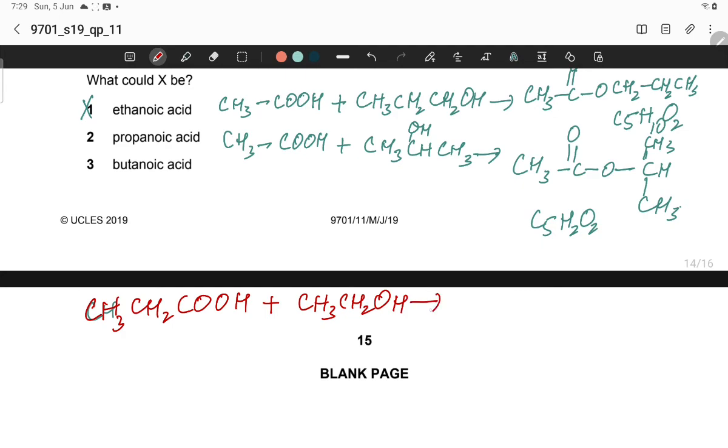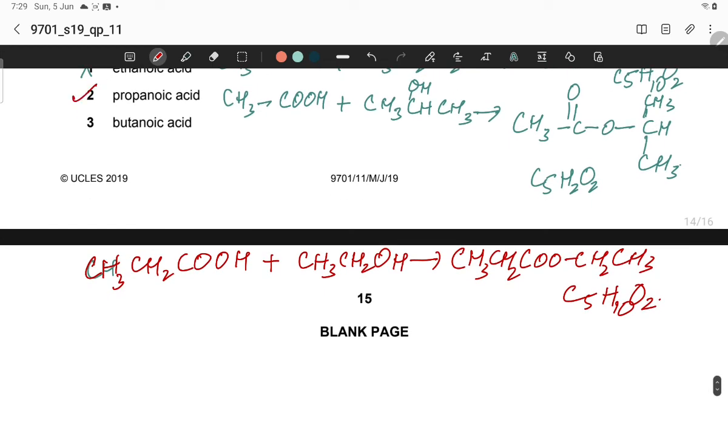So this product is formed like this, CH3 CH2 COO CH2 CH3 with formula C5H10O2. But there is only one possible primary alcohol, ethanol, so there is no other way to form C5H10O2. So this is correct.